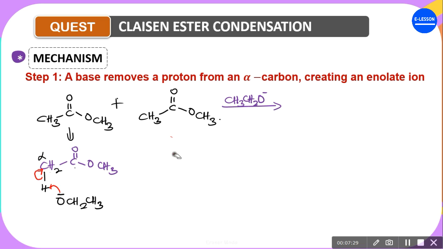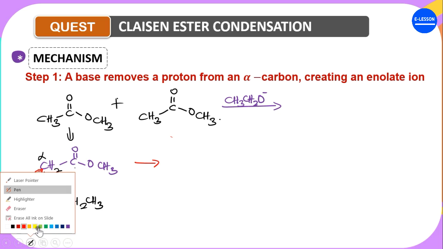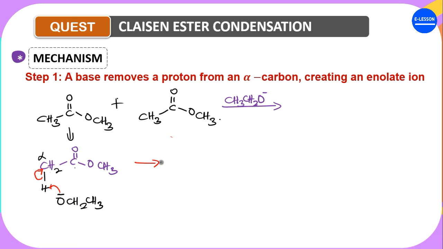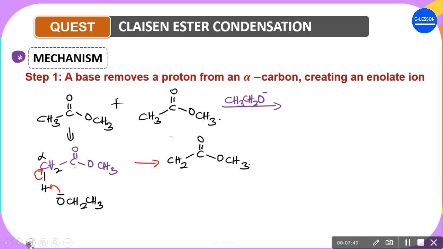So what do you think would be the product of this reaction? You have CH2, then you have C double bond O, and then OCH3, with a negative charge here, which is the electrons that kick in after the proton was extracted.